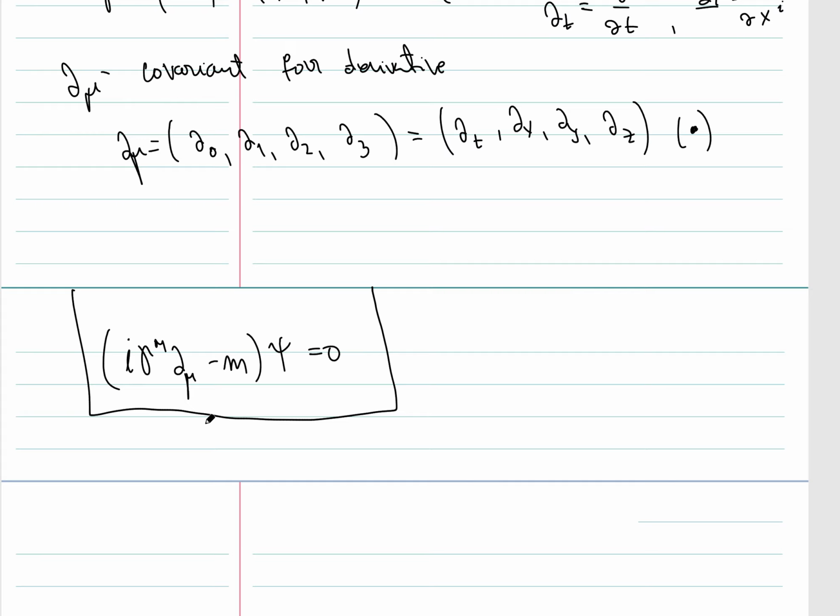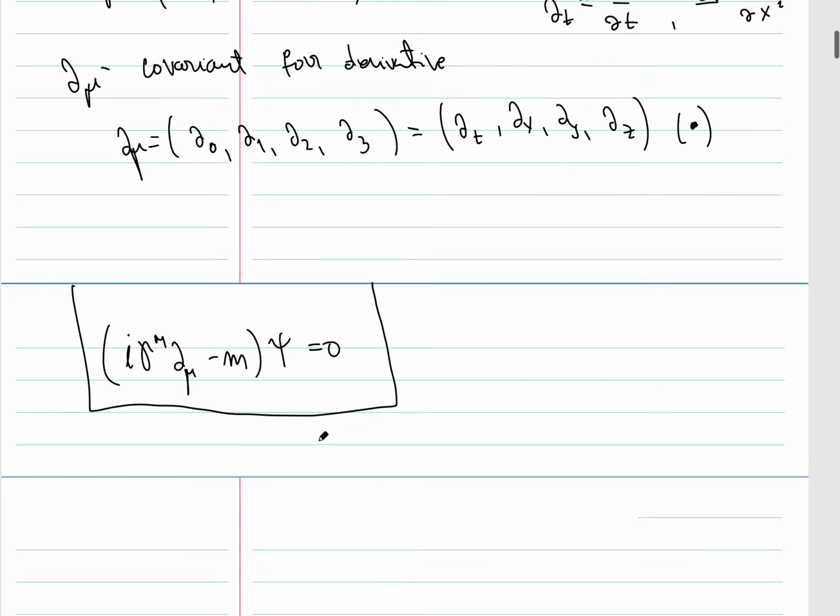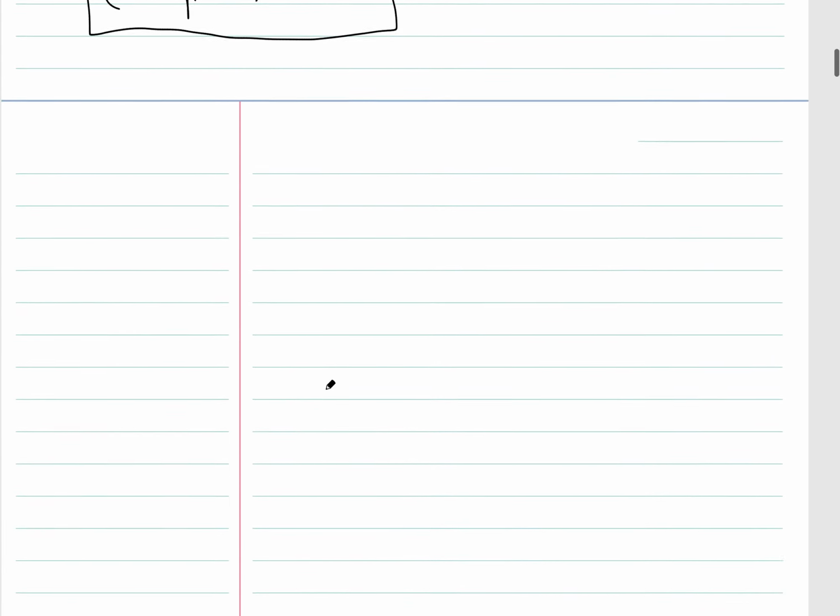Now we need to find a solution. First, we will try to find a solution for a particle at rest. So we have the plane wave equation, which is given by this form, with p x minus E t in the exponent.